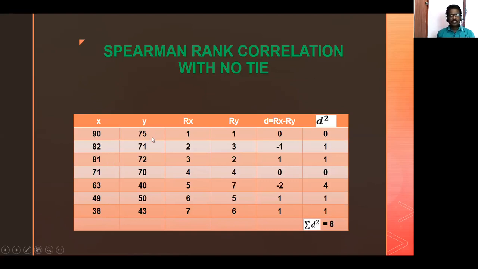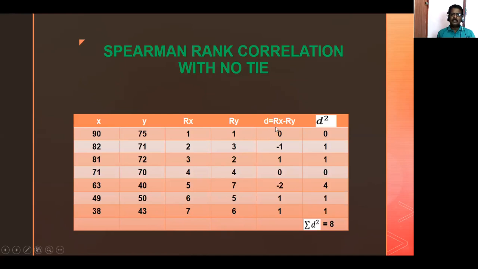See the Y, that is 75, 71, 72, 70, 40, 50 and 43. The ranks are shuffled, so we have to give a rank. 75 first rank. Then the next value 72 is the second rank. Next 71 third rank. Then fourth rank is 70. Fifth rank 50, sixth rank 43 and seventh rank 40. So this is the rank of Y.